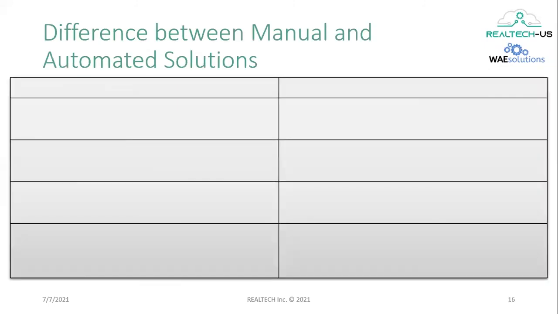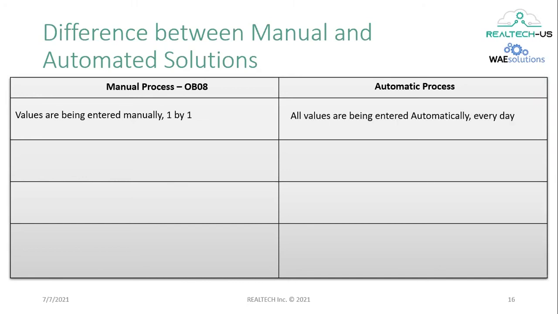And here we have the differences between both processes. In the manual process, you have to enter the values manually one by one. With our solution, all the values are entered in an automatic way. Of course, doing this activity manually has the possibility of entering some values wrongly, with errors.